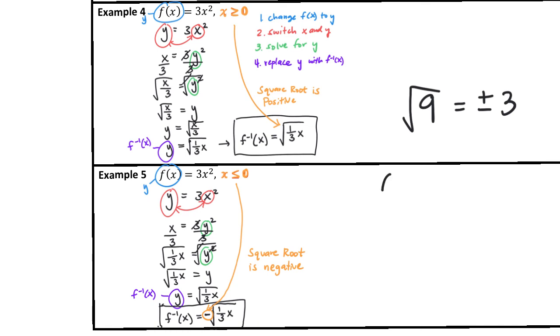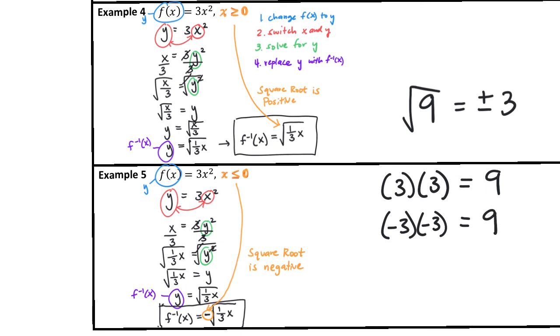Because what is 3 times 3? That's equal to 9. What's negative 3 times negative 3? That's also equal to 9. Right? And 3 times 3 is 3 squared, and negative 3 times negative 3 is negative 3 squared.